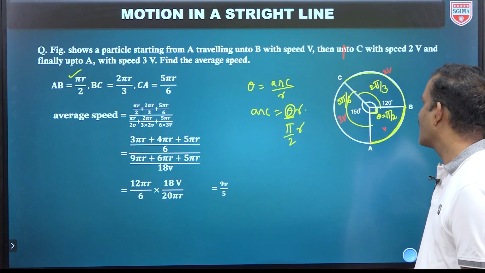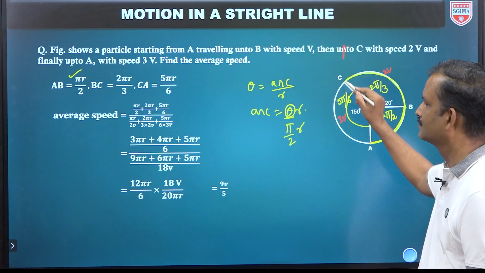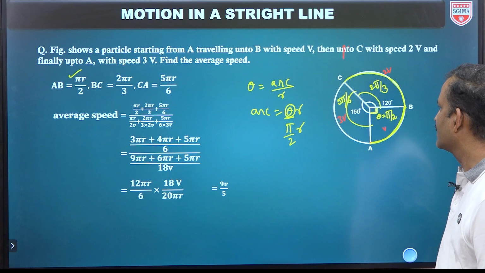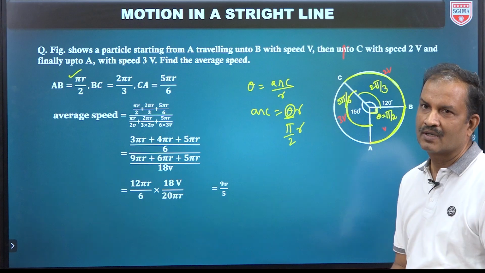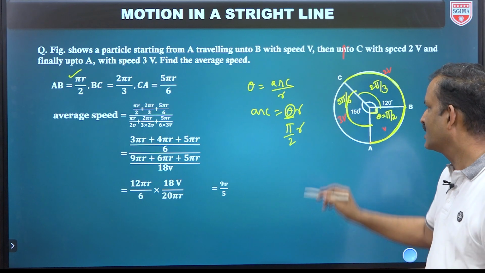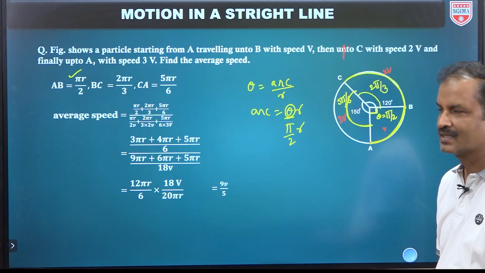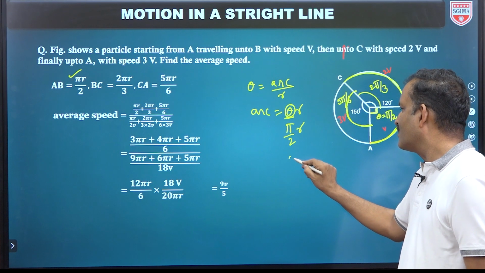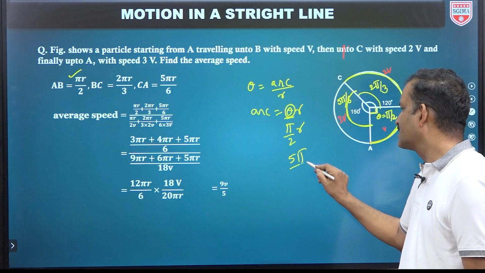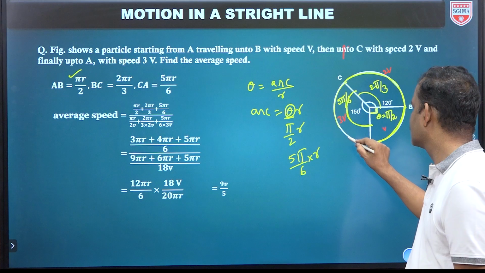So 2 pi r by 3 is BC. For CA, this angle 150 degrees is 5 pi by 6. Pi is 180, 180 by 6 is 30, 30 into 5 is 150 degrees. So 5 pi by 6 into r is this arc length.